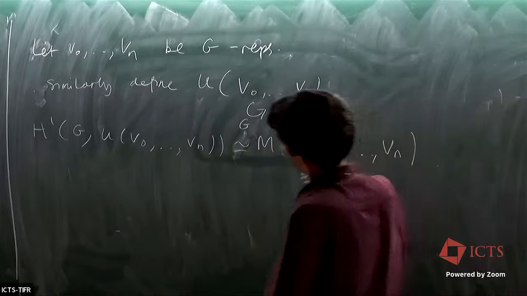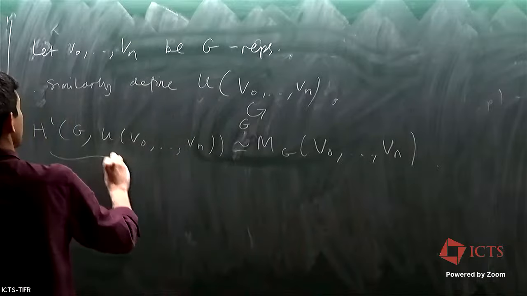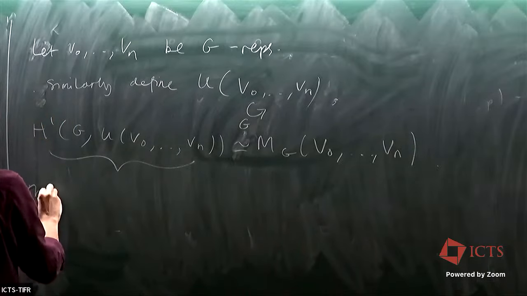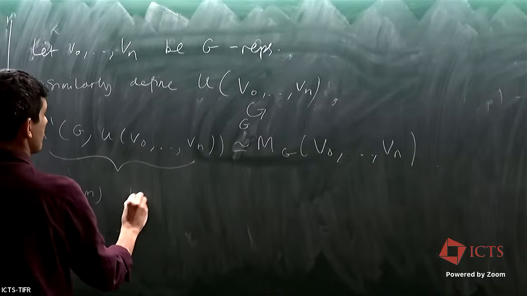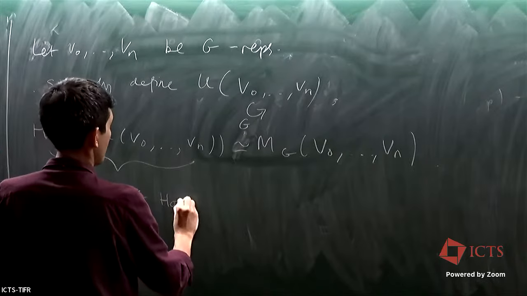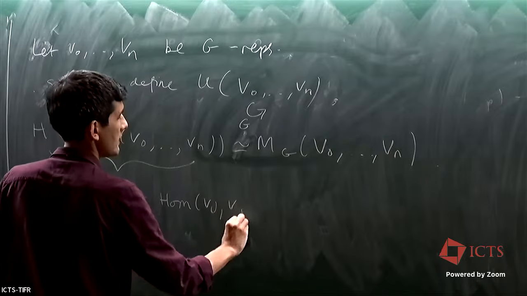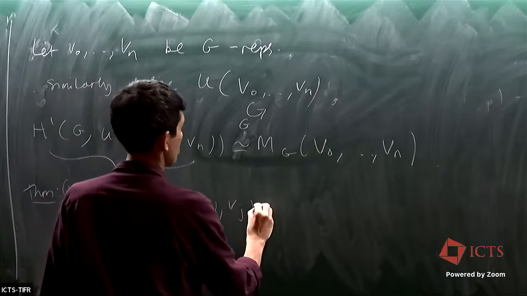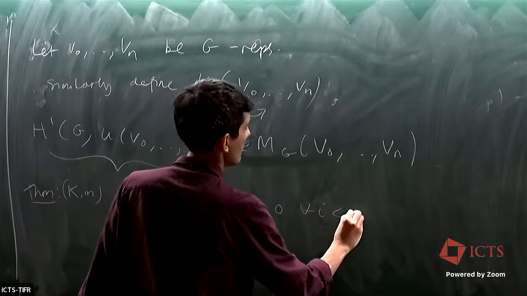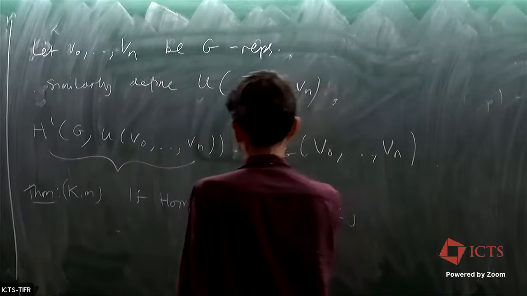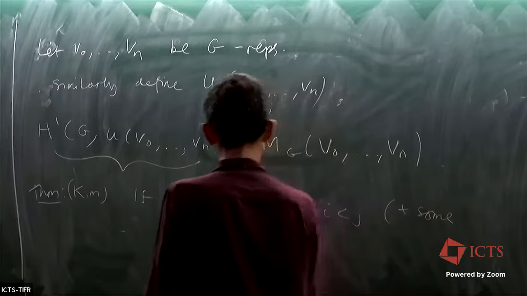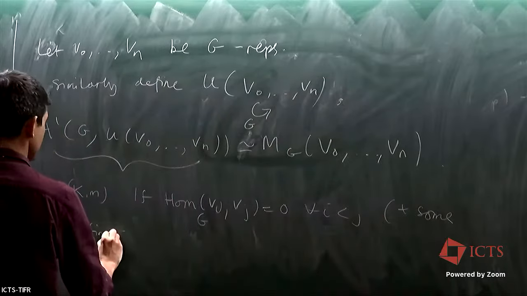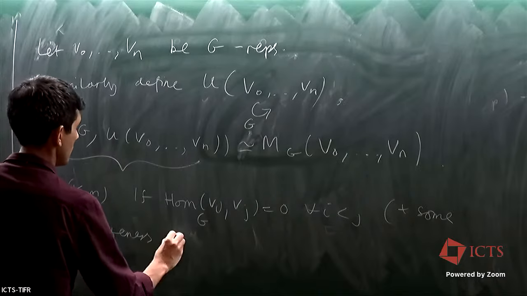And also, Kim developed a very nice theory. So this is if Hom(V_i, V_j), the equivariant Homs, equals 0 for all i less than j, and some finiteness assumptions on G. Okay.